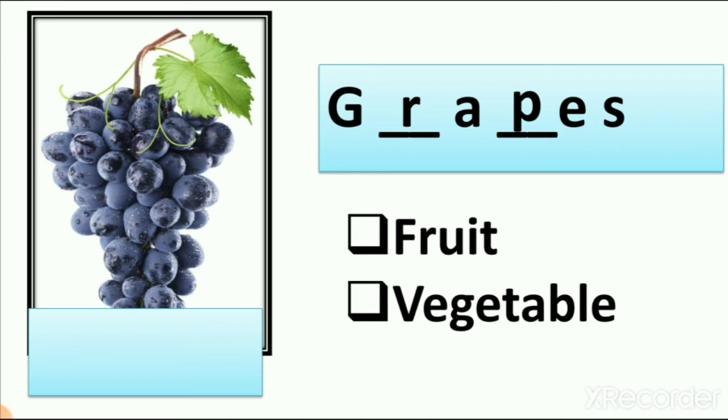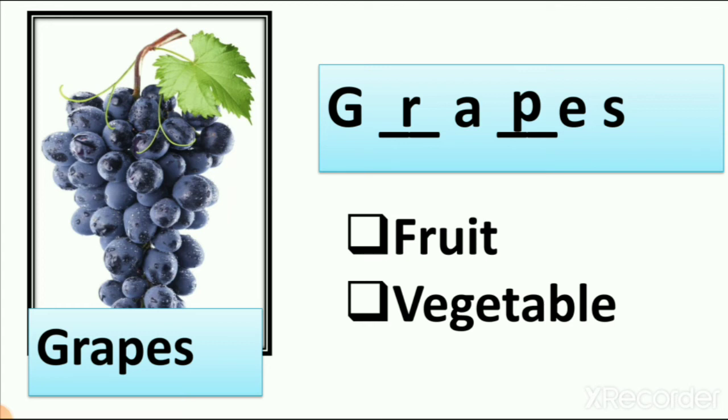R, A, P, E, S. So what is the spelling of grapes? G, R, A, P, E, S. So we write here the spelling of grapes. G, R, A, P, E, S.